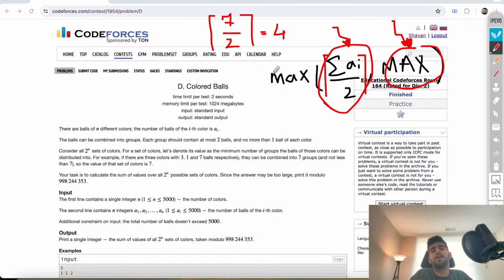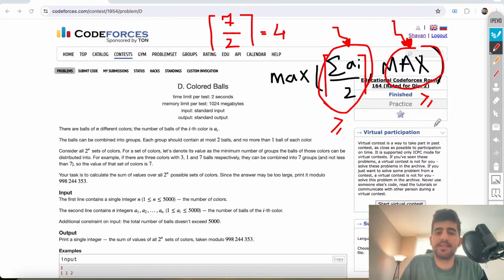Because maybe someone argues that yes, the answer is greater than or equal to this and also greater than or equal to this, but maybe it's greater than both of them. I re-explained the first one. I'm saying that the sum of them is the number of balls. Assume that we have 15 balls.